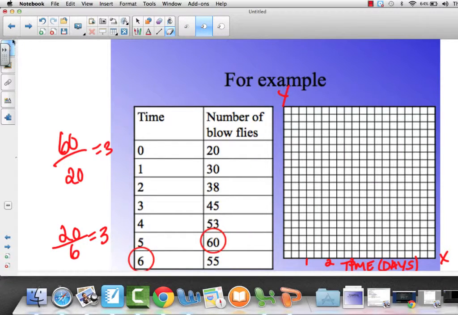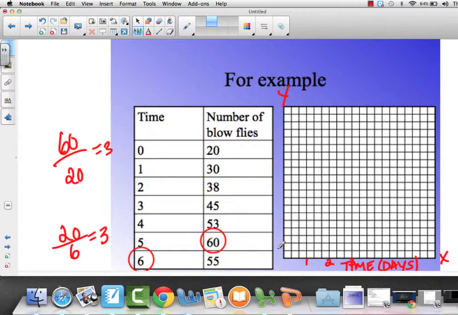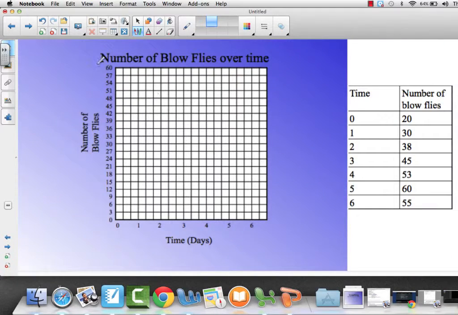What that means is that each line can be worth 3. So I can do 0, 3, 6, 9, 12, 15, and I'll have enough to go all the way up to 60. As you see was done here. I went from 0 to 60. Well, now I just have to plot my points.